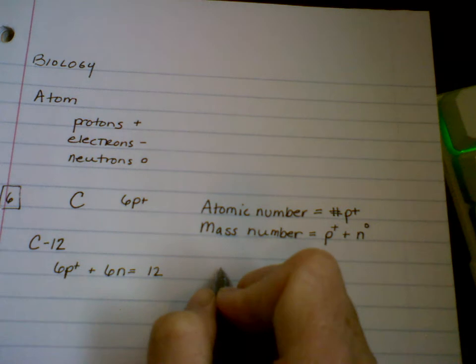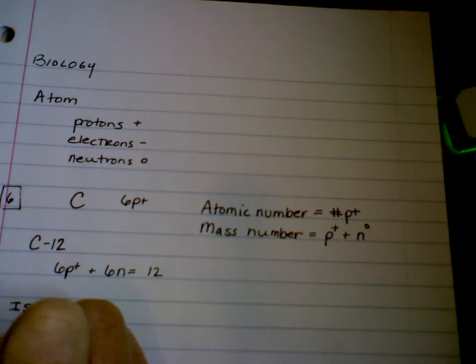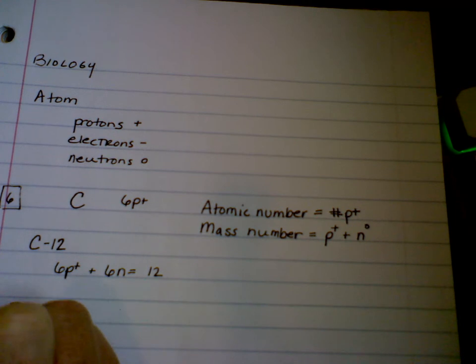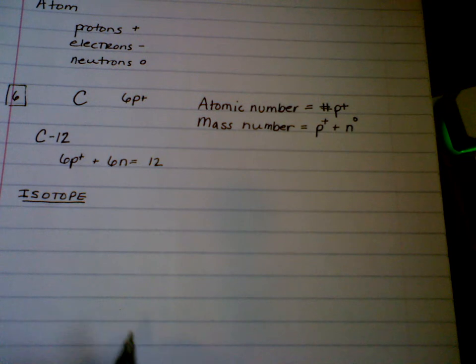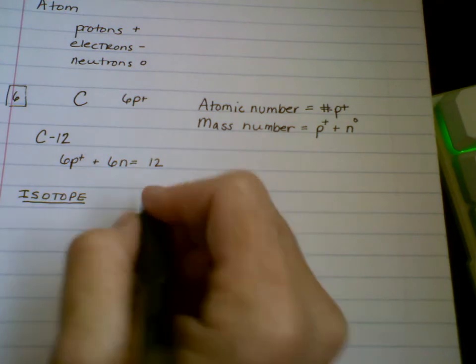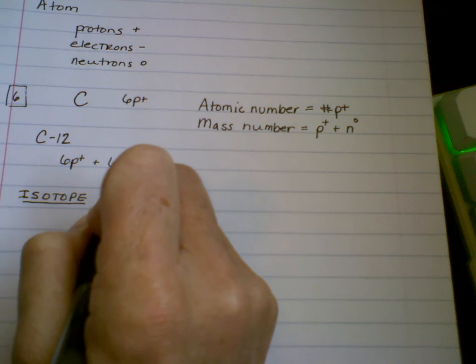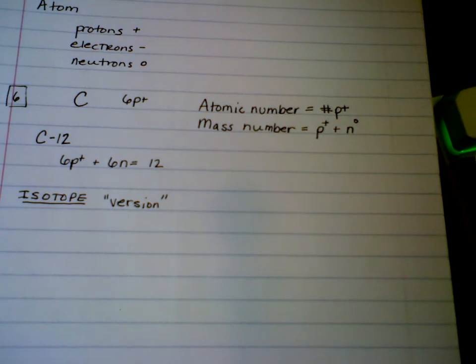We have another word that we use, and that word is called isotope. The isotope is kind of like the version of that element. We could say breed if you think about dogs, for example.